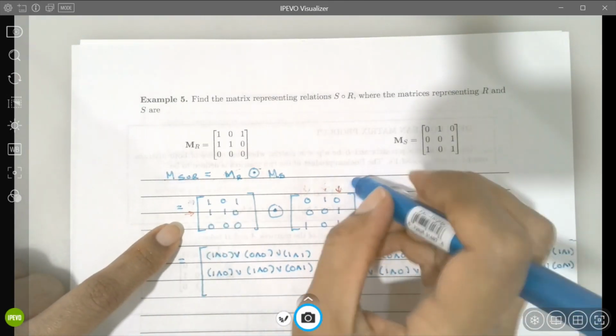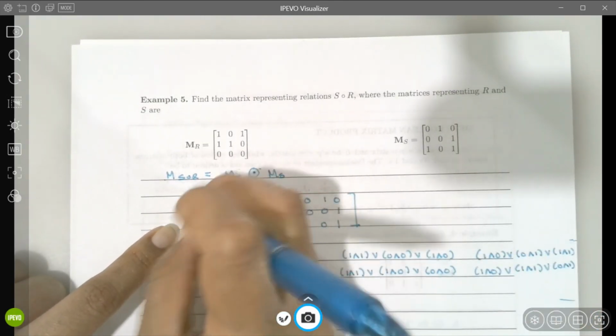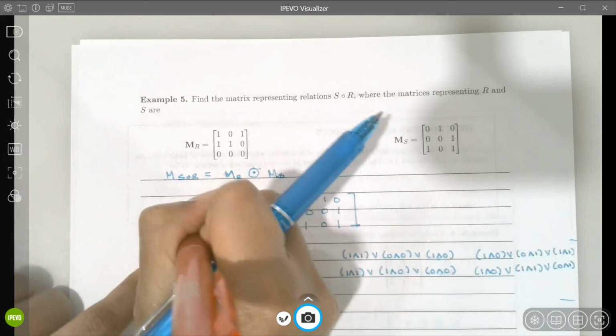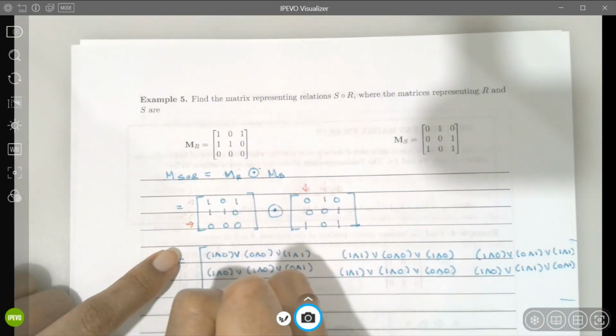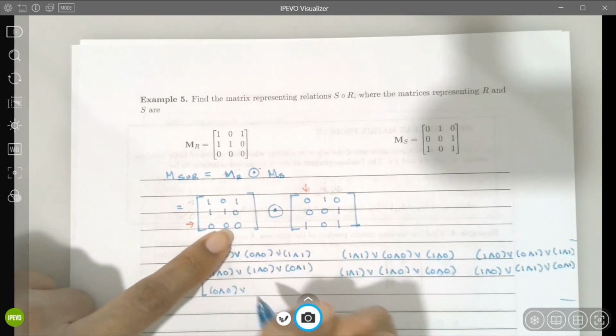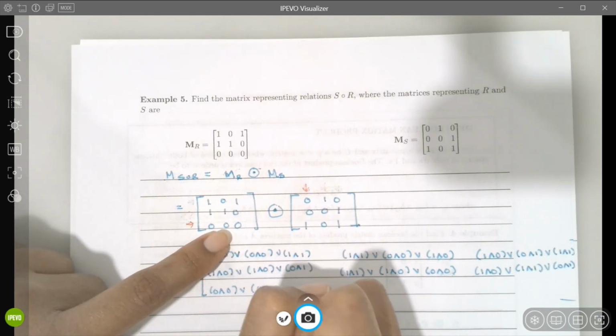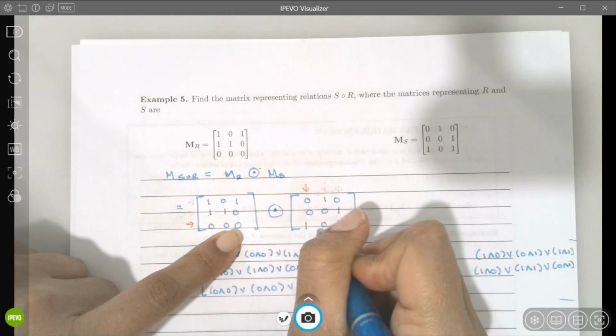Okay. Now, since we're done with the columns on the second row, we can continue on to the third row. So third row, first column, we'll have 0 and 0, or 0 and 0, or 0 and 1.